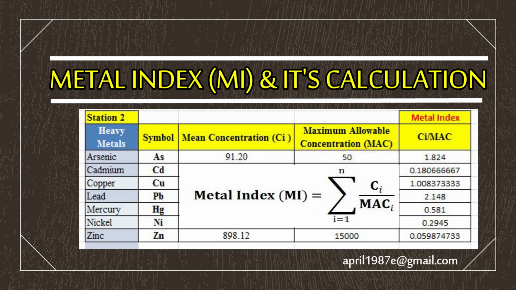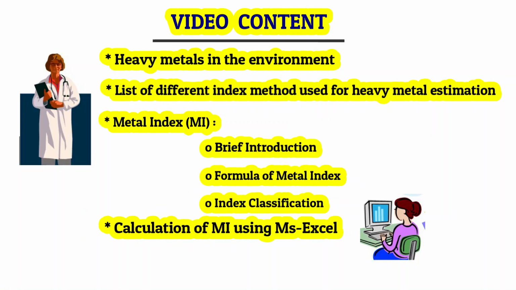In this video, we will be learning about another commonly used heavy metal index estimation method called metal index, or in short MI. For your convenience and information, the content of this video constitutes the following sections.